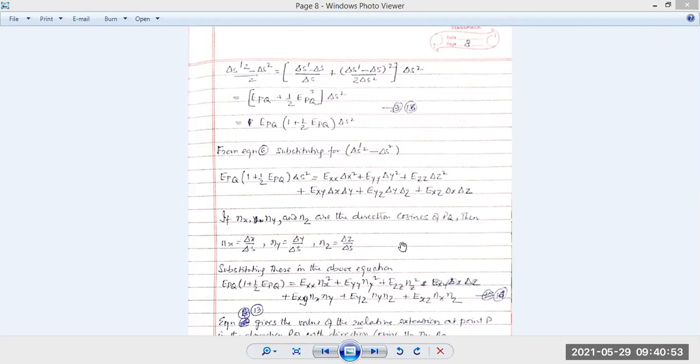So here we can replace delta x square and so on everywhere in terms of nx. This equation will reduce to this equation, EPQ times 1 plus half EPQ, and delta s square will be cancelled from both sides. So this equation will take this particular form here itself.